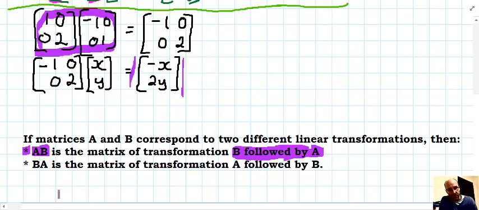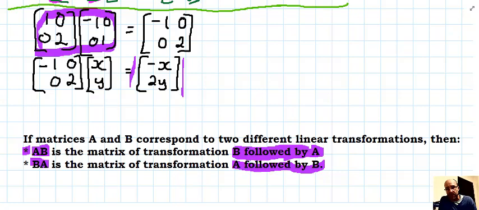So AB is B followed by A, and therefore BA would be A followed by B. And we can see how that works in the above example.